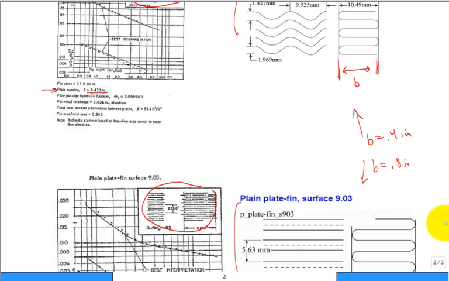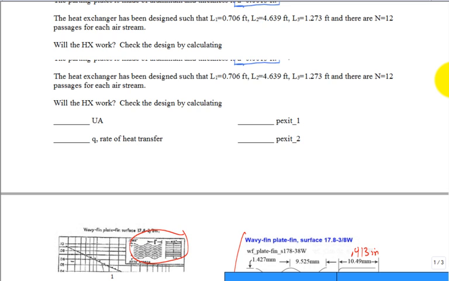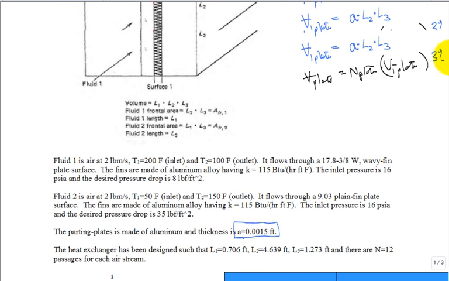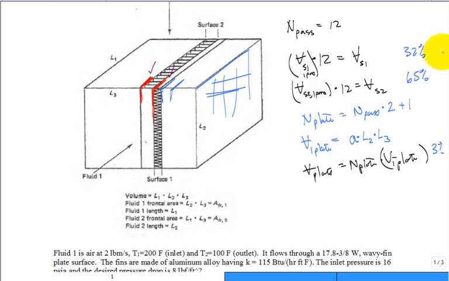Can you explain how you get, so you just divide this, how did you get that? Okay, which one? Well, we have 12 passages. So when I'm coming in for fluid 1, I'll have a passage like this, a passage like this, and this. They're showing you just one of the passages right here.